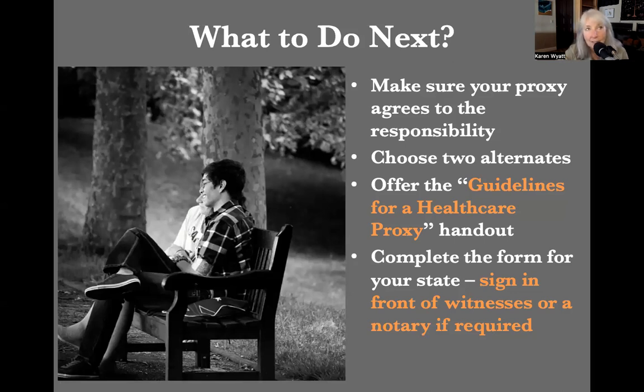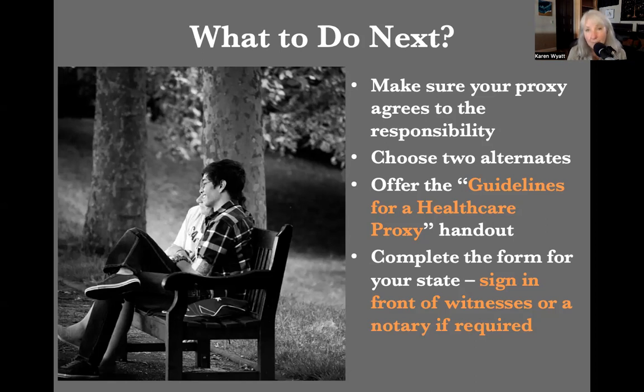You have to sit down. I have a handout for you, guidelines for a healthcare proxy, that you can show them, which tells them what their responsibilities will be if they choose to be your proxy. So they'll know ahead of time, what am I signing on for? What will this entail for me if I say yes to this responsibility?